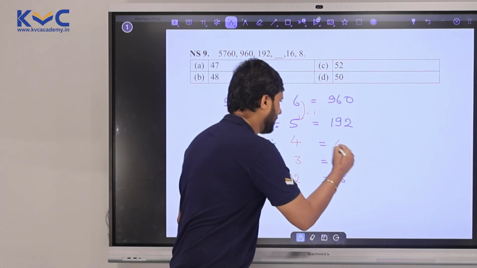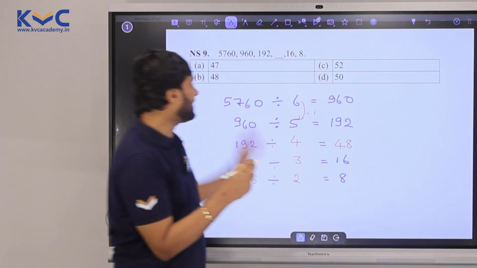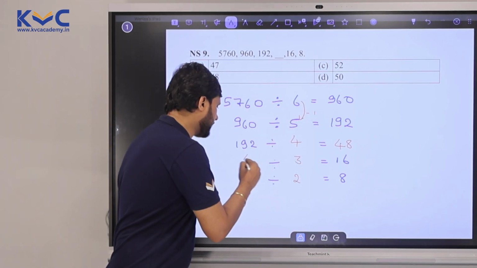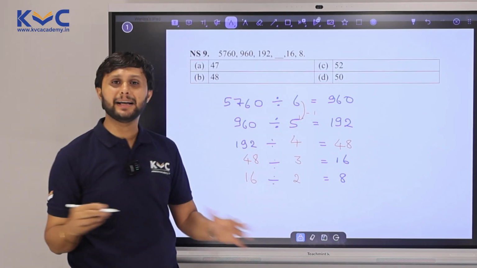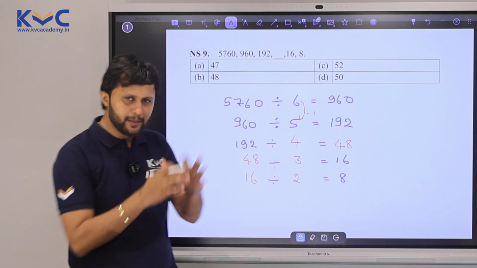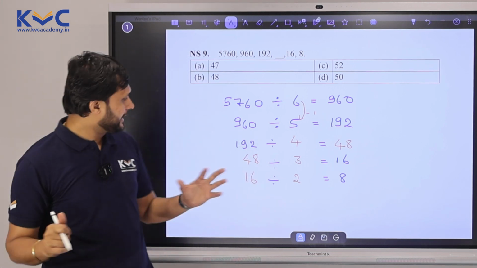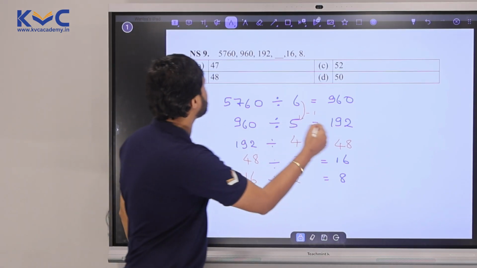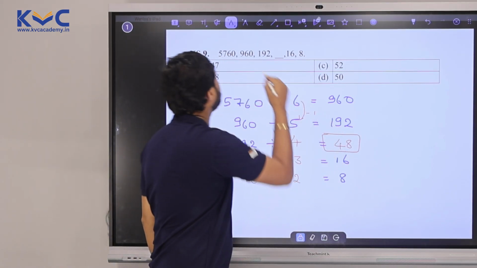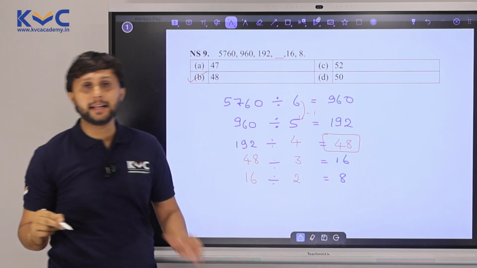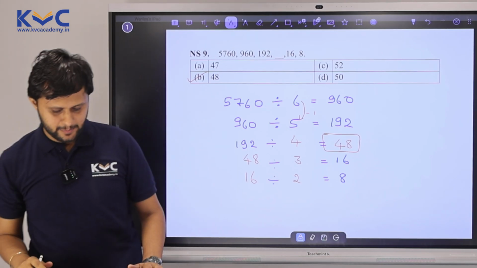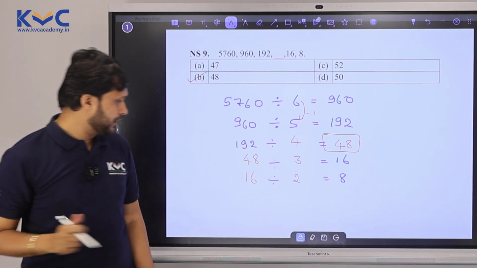Do we have that option? But let's confirm. If you take 48 over here and then divide it by 3, we get 16. So a little bit of reverse calculation and we have got the right answer. Answer is 48. This was the missing number, wasn't it? So 48 is the right answer, which is there in option B. Perfect. Okay, we'll move on to the next question.